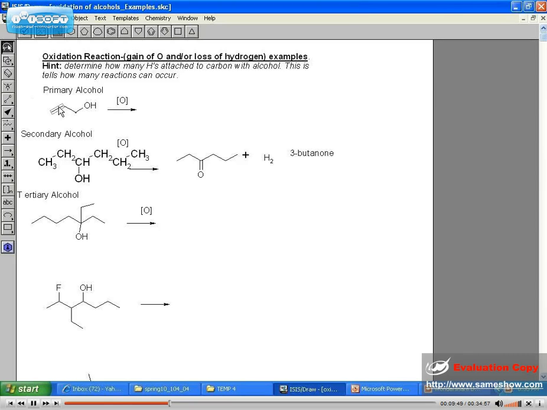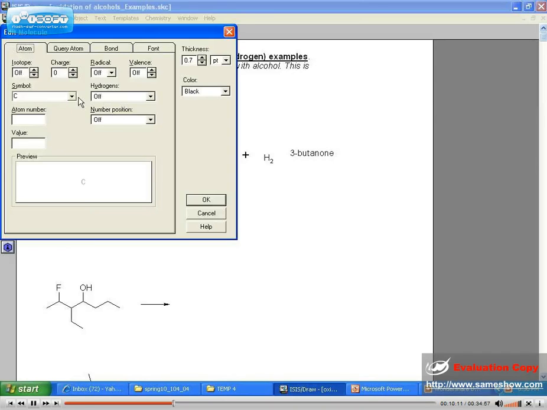Now, first thing you want to go ahead and do is either draw it out or mentally picture what this molecule looks like in its condensed form. So I'm going to go ahead and, rather than have you mentally picture it, I'll just have you see it so you can see everything.